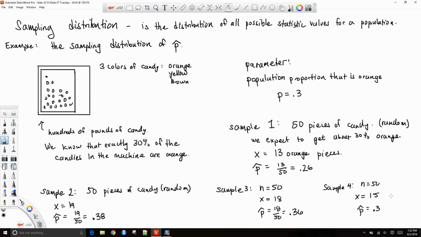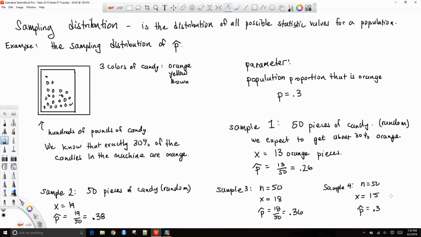So anyway, let's say we do this 1,000 times, or maybe 10,000 times. We take a scoop of 50 out of the thing, we count how many pieces are orange, and we do this 10,000 times. And every single time we keep track of the p hat values. We're going to create a dot plot, or maybe even a histogram of all the different p hat values we observe.